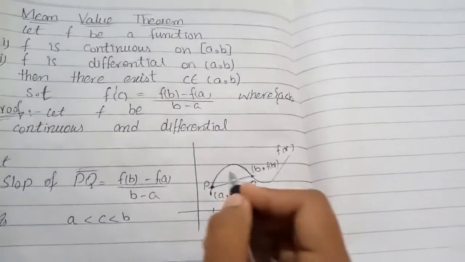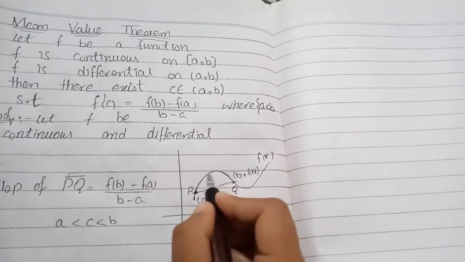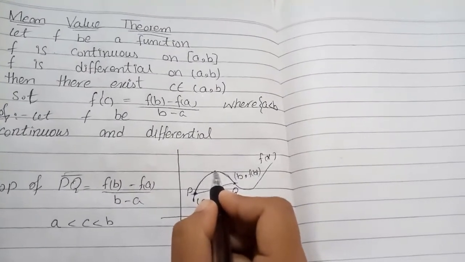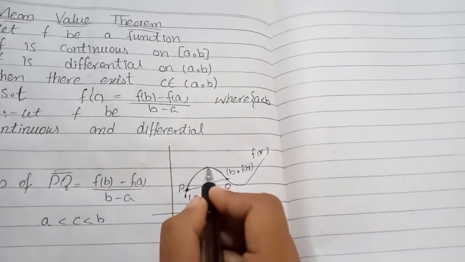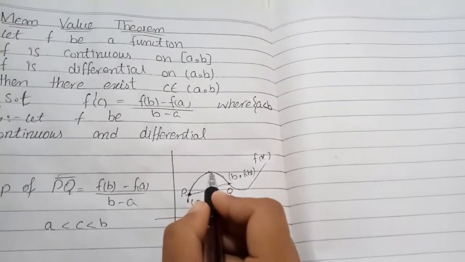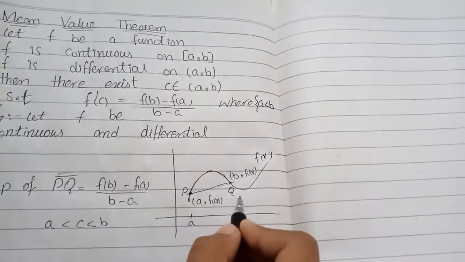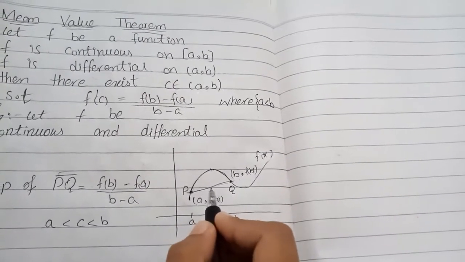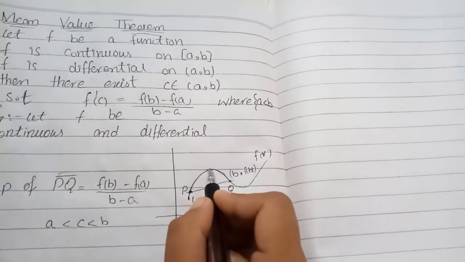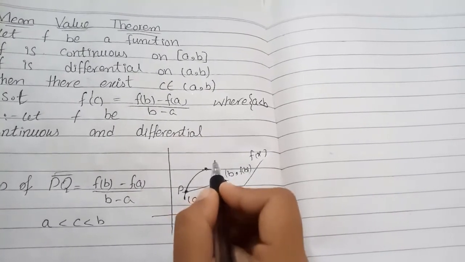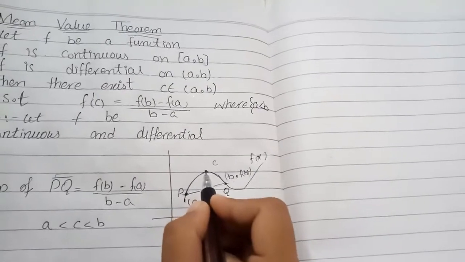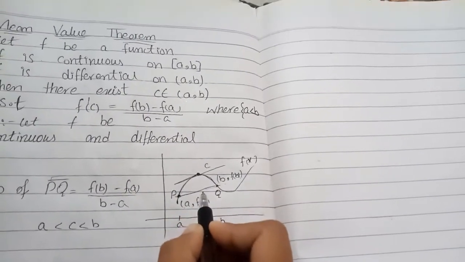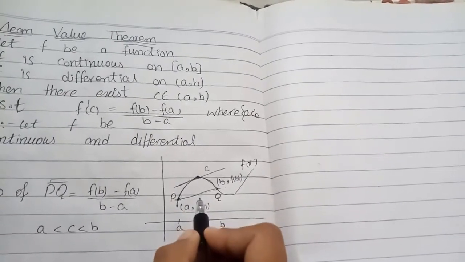According to this curve, we also see that there is at least one point which has a tangent line that is parallel to this chord or secant line. Let's suppose c is here, and if we draw a tangent line here, then it is parallel to PQ.